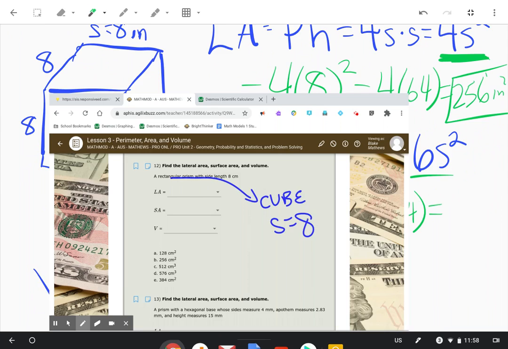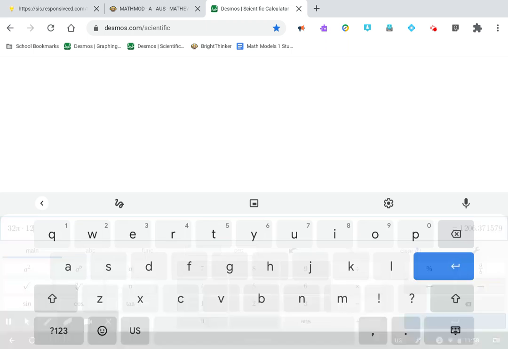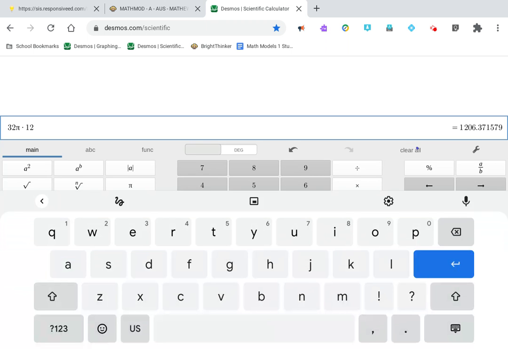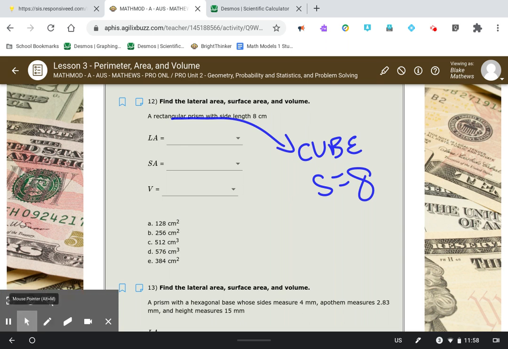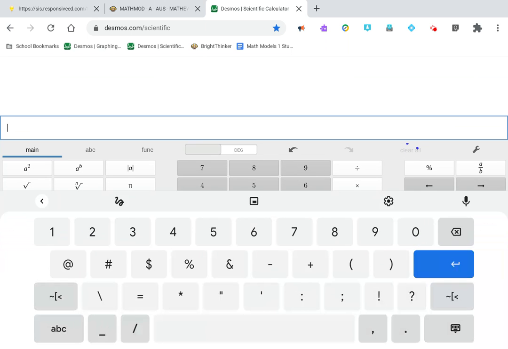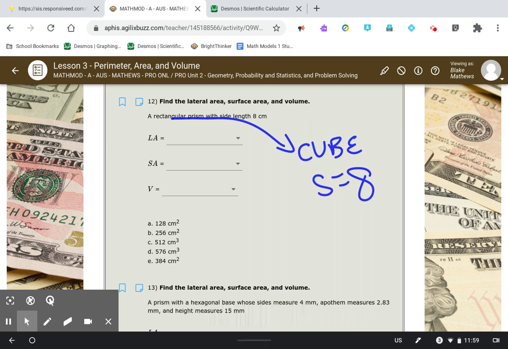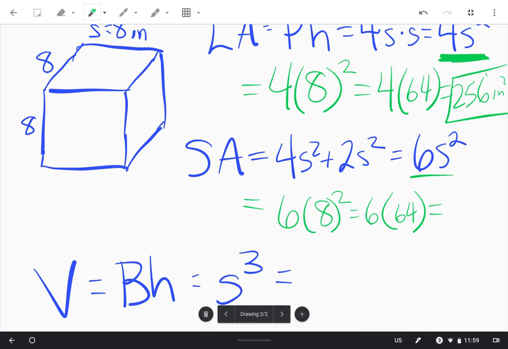Let's hop over here to our calculator and clear this out, and we'll do 6 times 64, and it's 384. 384 inches squared.